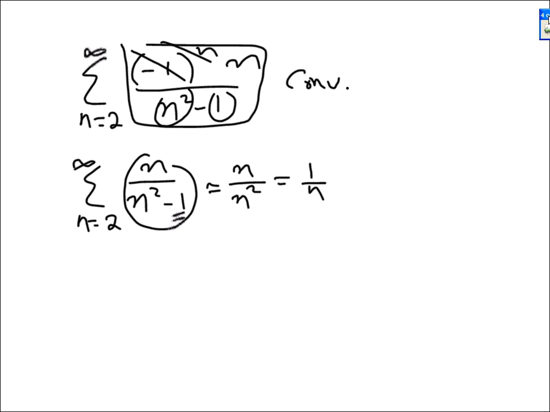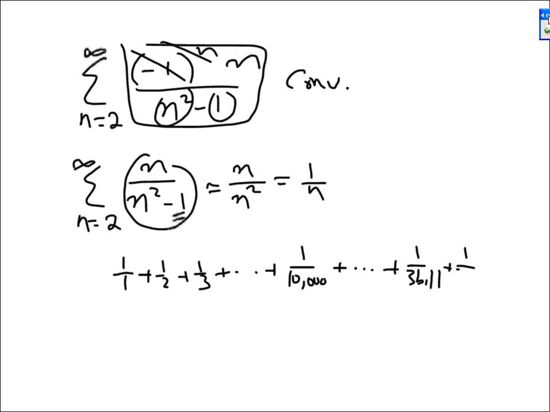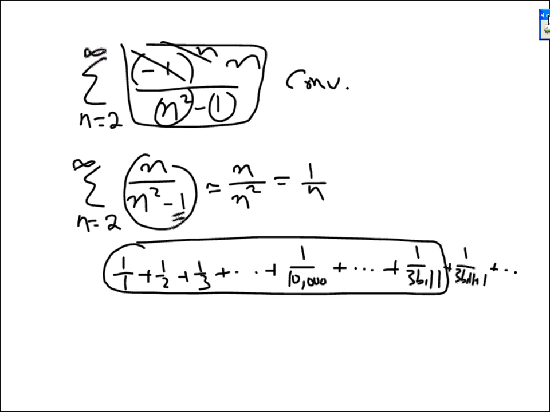Now, I want to be clear on something. When a series diverges, it's not because of the beginning terms. It's always the tail end. Think about it. If you have 1 over 1 plus 1 over 2 plus 1 over 3 all the way up to 1 over 3 billion, and then 1 over 3 billion plus 1, etc. I don't care how large the first part will be.